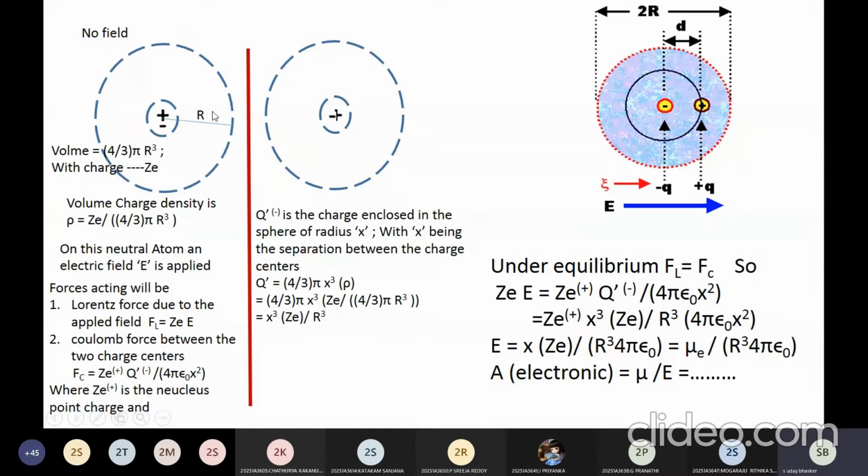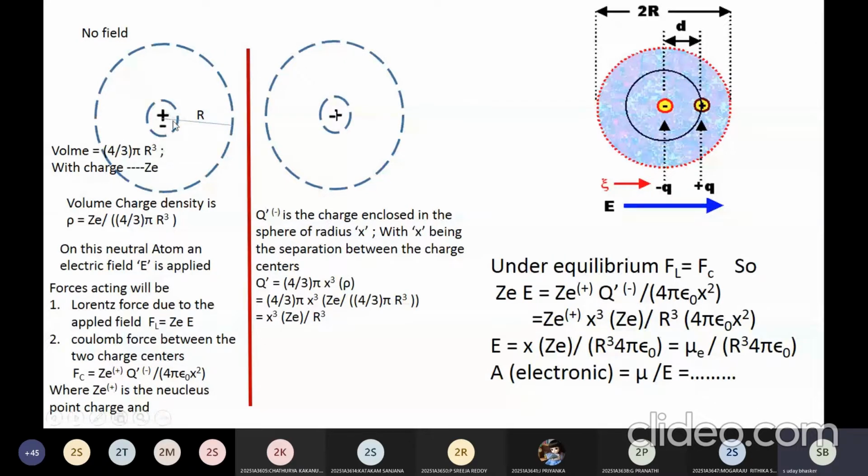So the total charge over here is Ze of the negative charges, and Ze for the charges in the nucleus. Z is the atomic number, e is the unit of charge. So we have Ze amount of negative charge outside, and Ze amount of charge inside the nucleus.